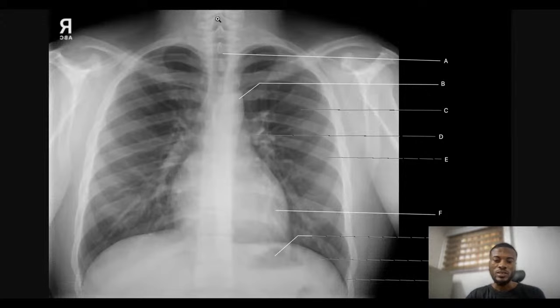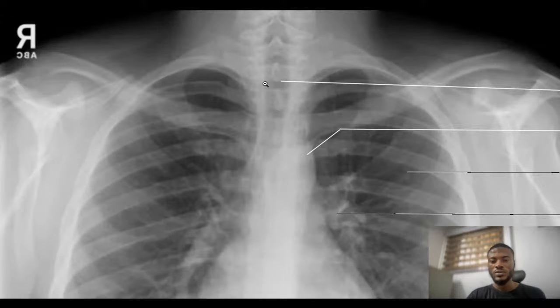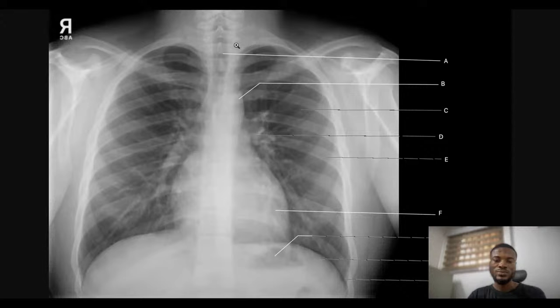This radiolucent structure comes from the neck, I think from the C spine, down here. When it gets here, it bifurcates. One passes here, and then another one passes here. So this is the trachea.